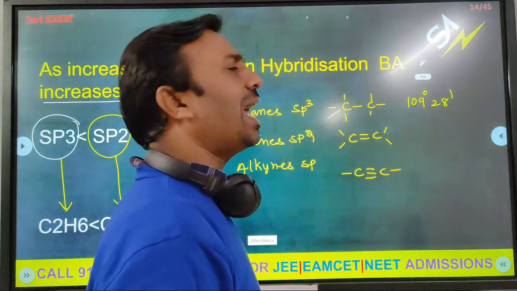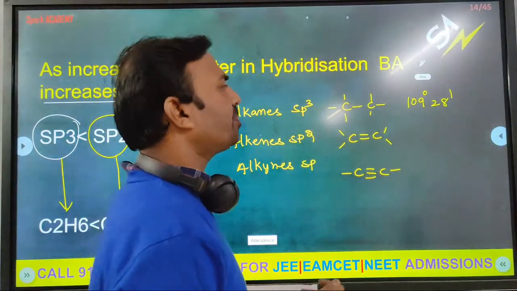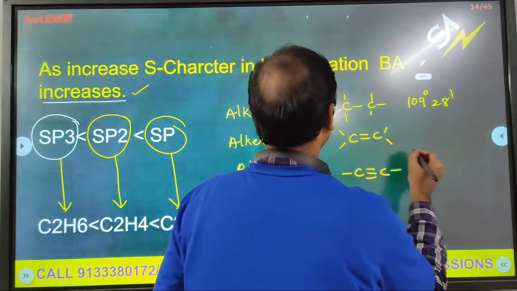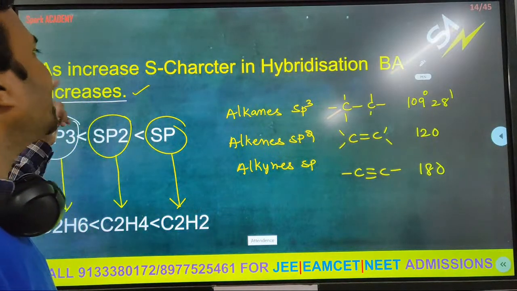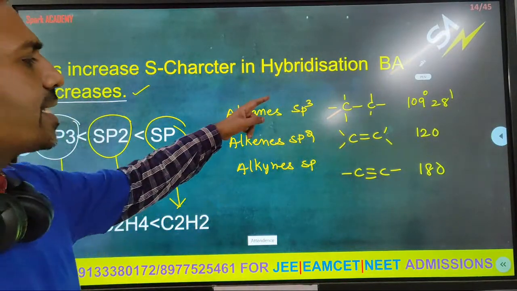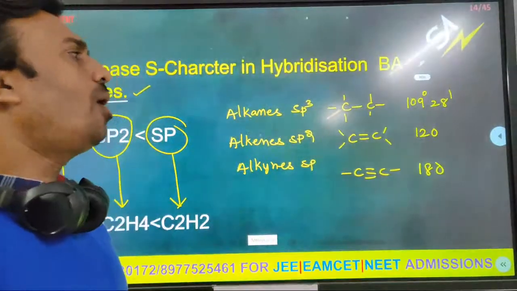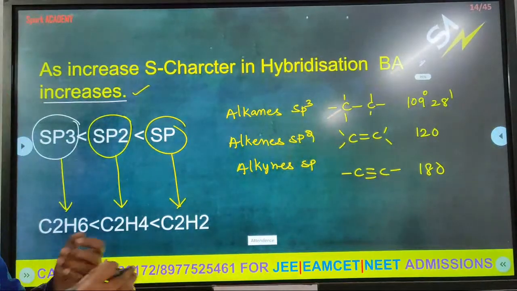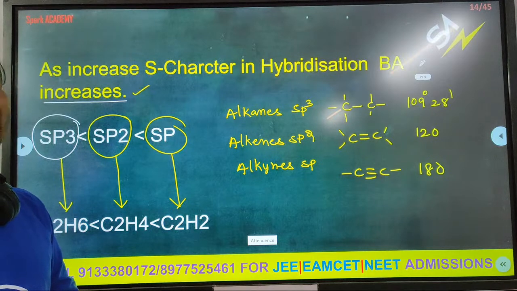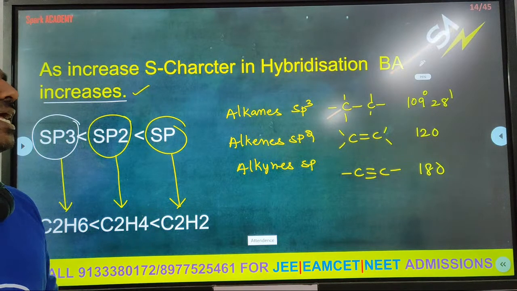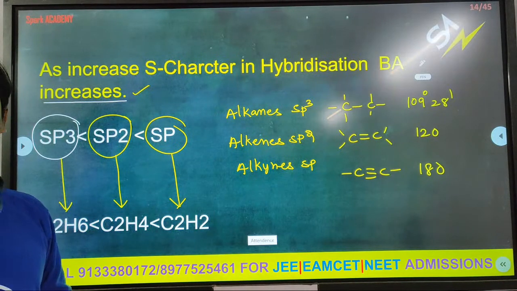What about in the case of alkenes? For sp2 hybridization it is 120, and for sp hybridization it is 180. So as the s character increases, the bond angle also increases. Alkynes have the highest bond angle because the s character is more.